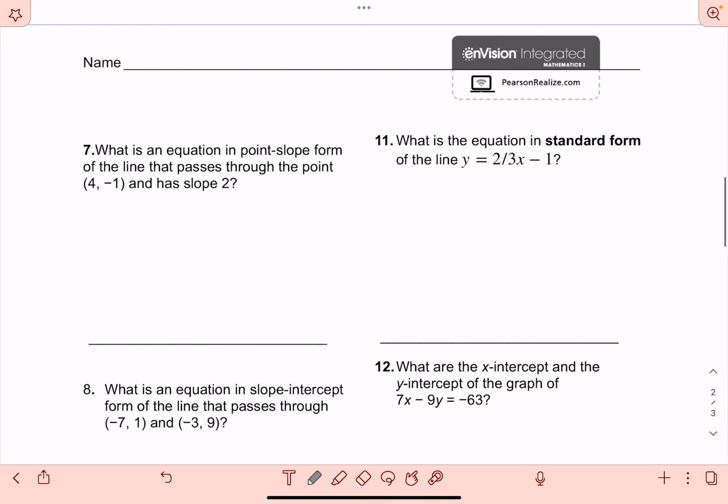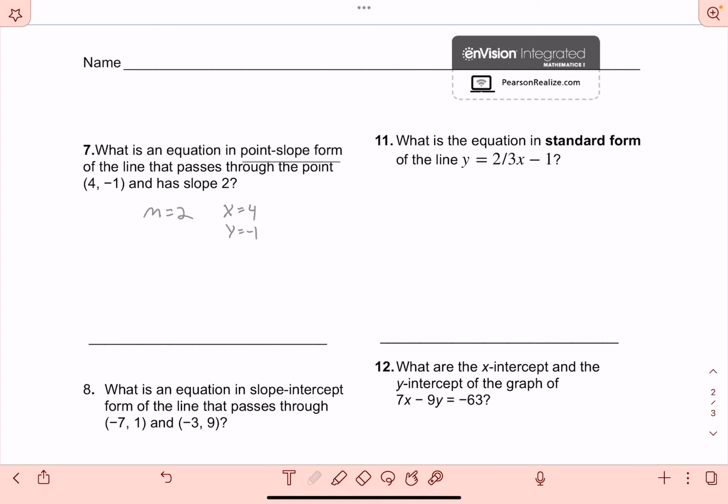Here, what is an equation in point slope form? Notice it's point slope. Of the line that passes through the point 4, -1, it has a slope of 2. So we know m equals 2, and we have x equals 4, y equals -1.